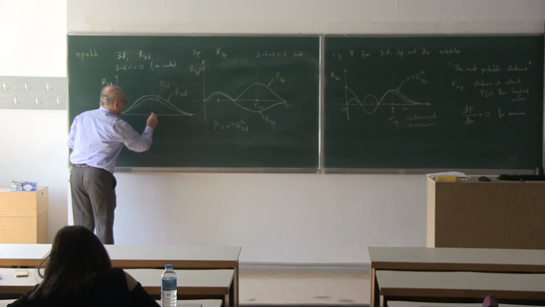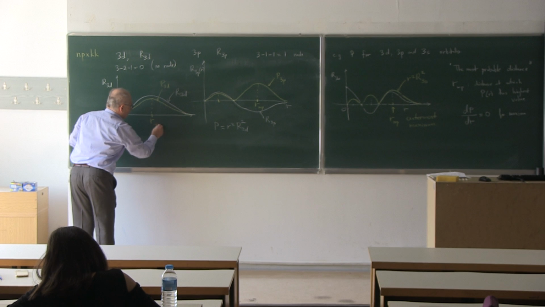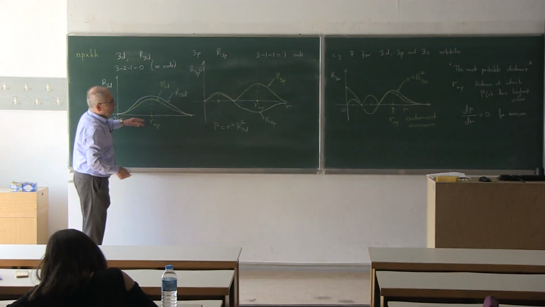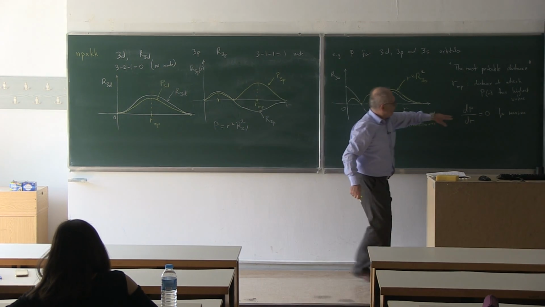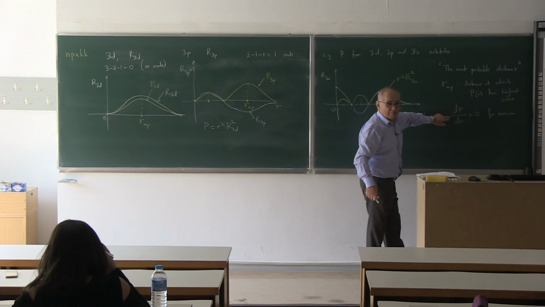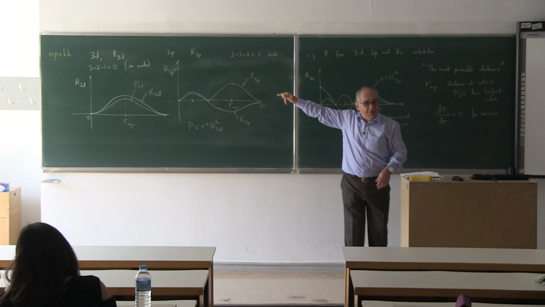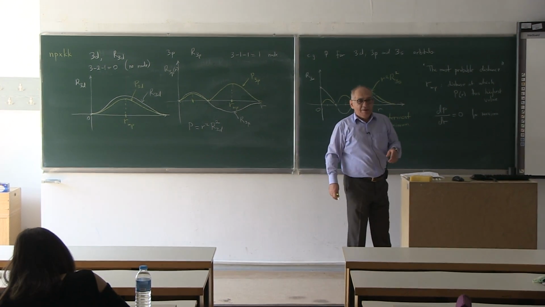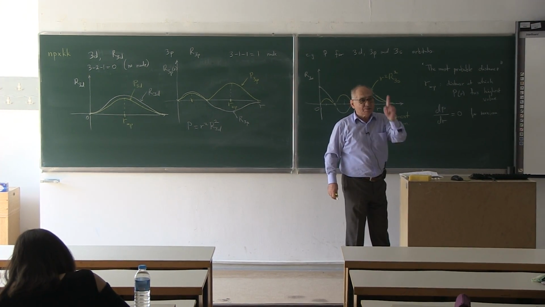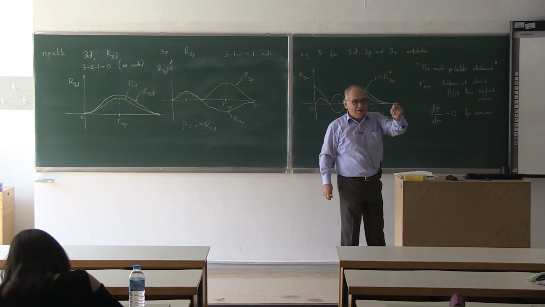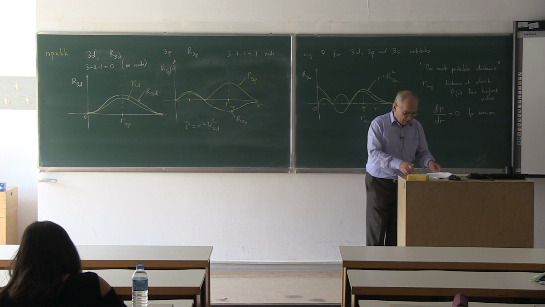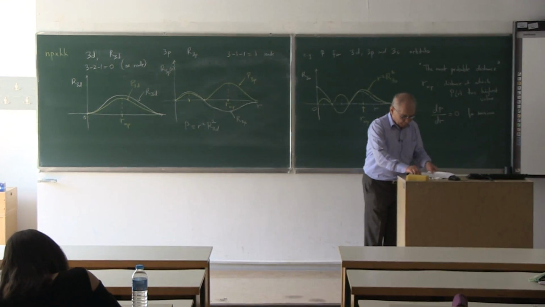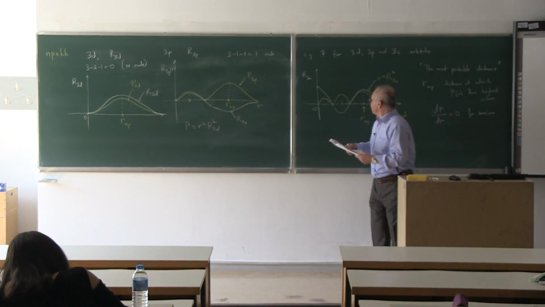So if you use the explicit definition and use this condition for the P3D, you are going to obtain just one answer. And that R value is going to be automatically the most probable distance.